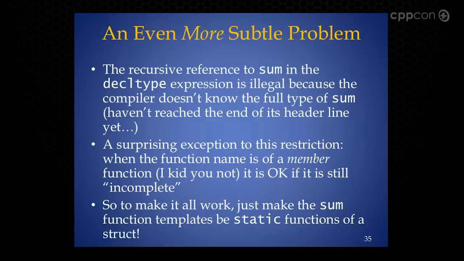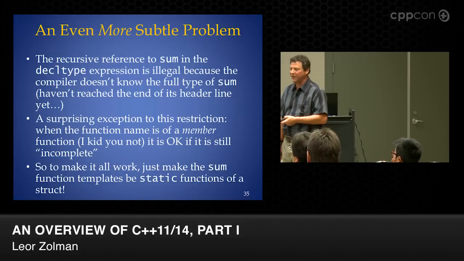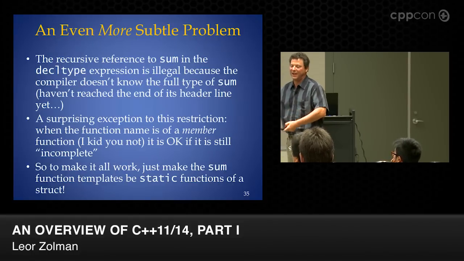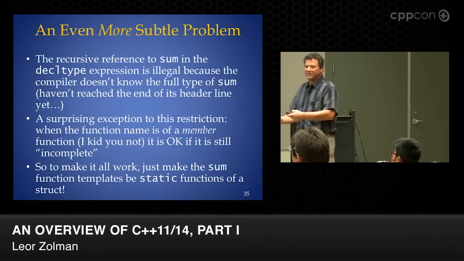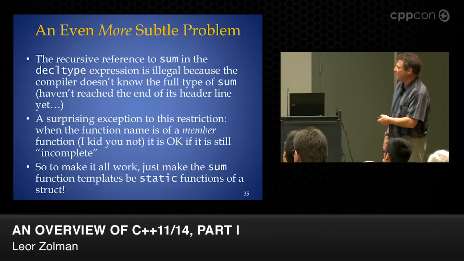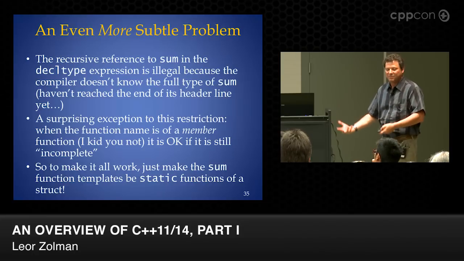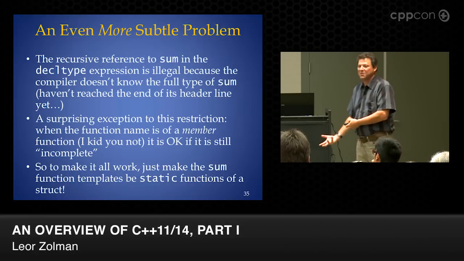The next surprising twist is that this restriction is lifted if the function name is a member function. If it's a member function, you can get away with that chicken and egg problem. So all we have to do to make this work is make sum be a member function. And if we make it a static member function, it'll have the same behavior as a non-member function.